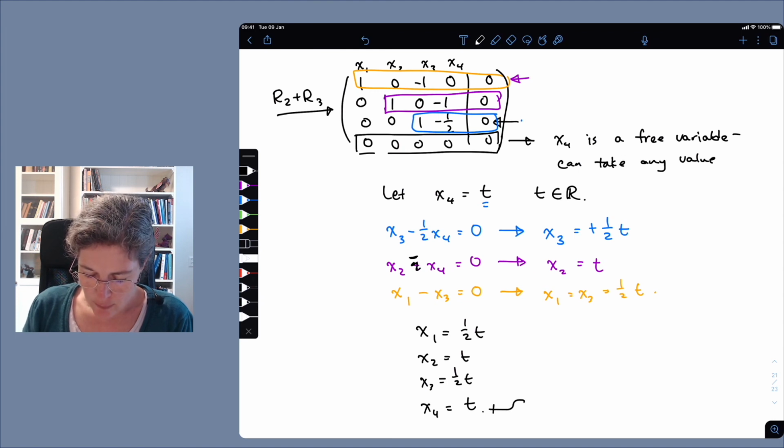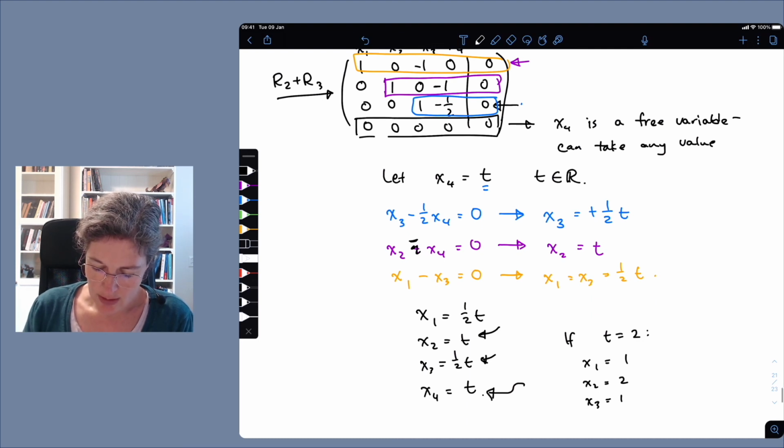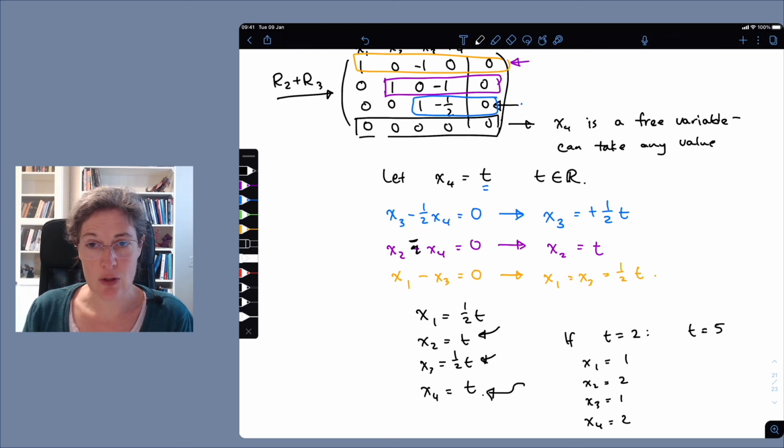It says if we pick a value for t, so okay, if t is equal to 2, then we'll have x1 is equal to 1, x2 is equal to 2, x3 is equal to 1, and x4 is equal to 2. If we picked t is equal to 5, then we get different values and so on.